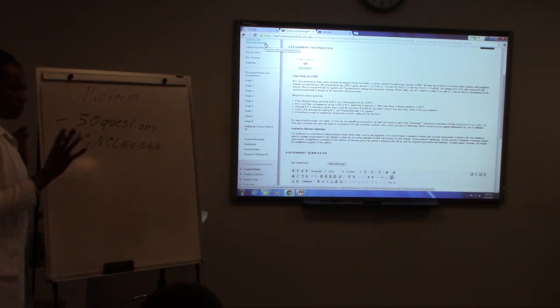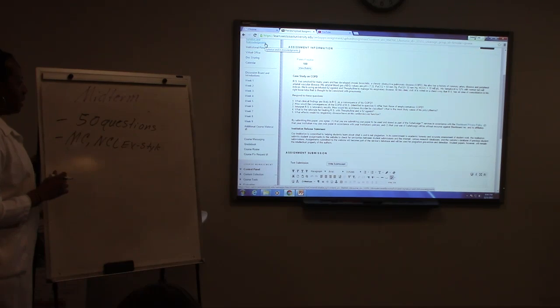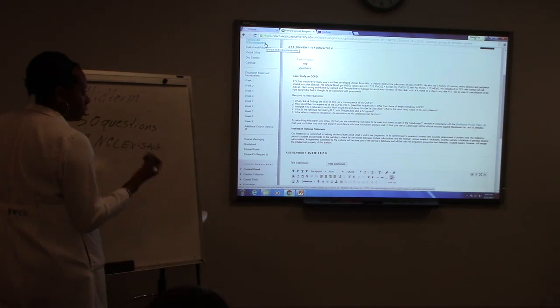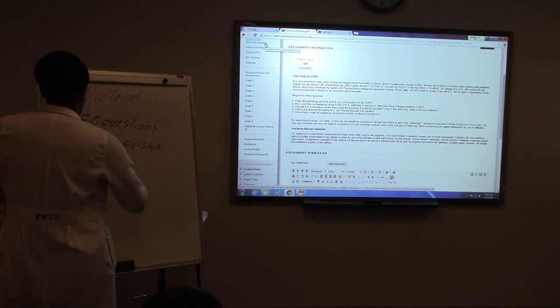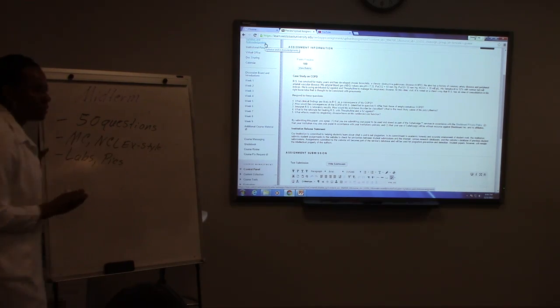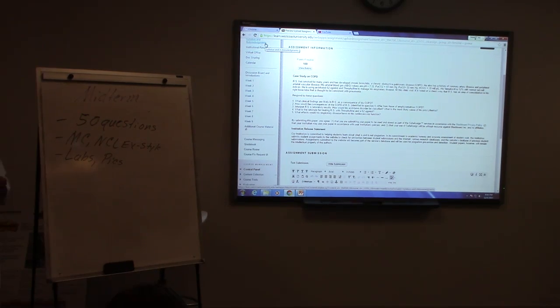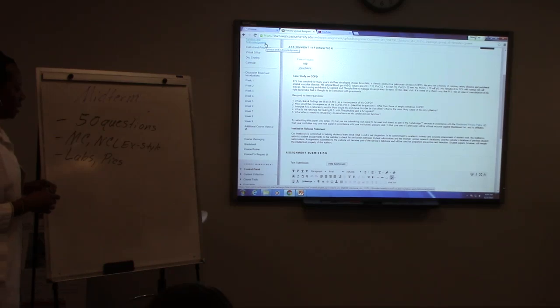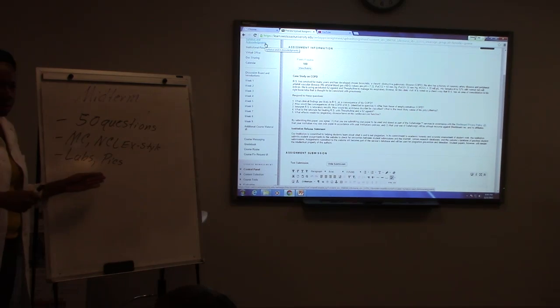Not a whole lot, but just a few. In some questions, we will have some labs and pictures. So remember, you did highlight some of the labs from your laboratory sheet, and then the pictures that I gave you, even the ones you have today.